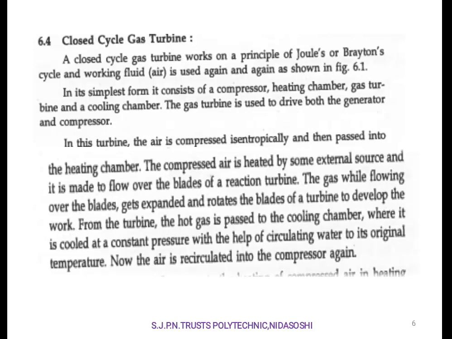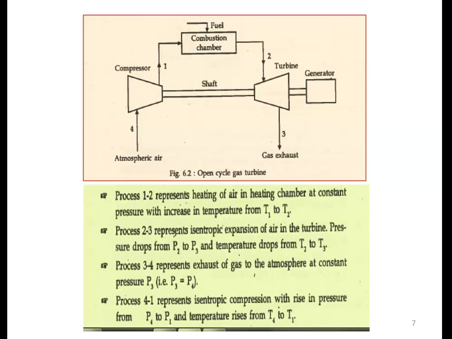Next, one more important question is the open cycle gas turbine. So we can observe here, in the closed cycle gas turbine there is a cooling chamber, but here there is no cooling chamber.